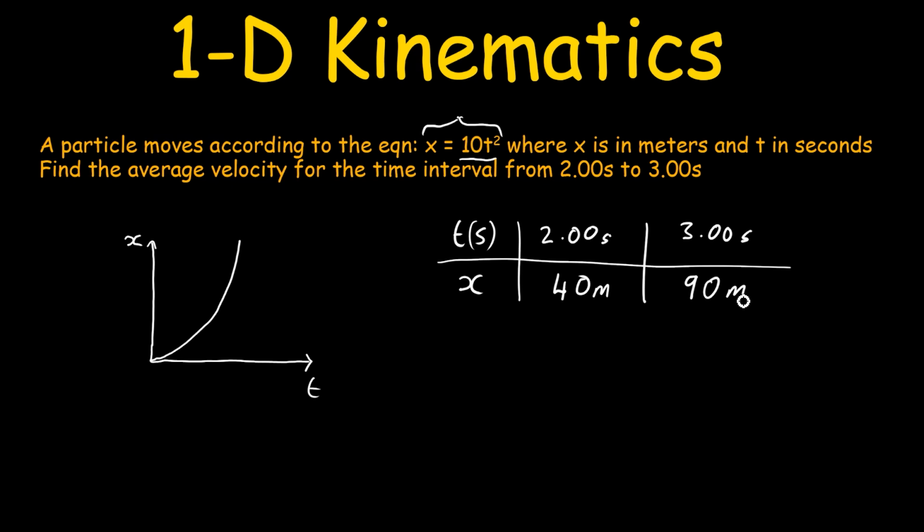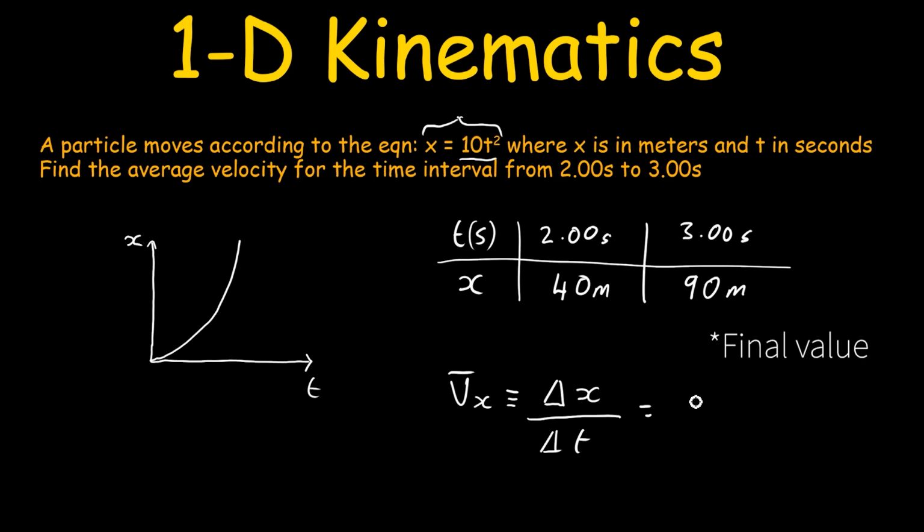So the average velocity, again, is shown by this equation, which is the displacement over the change in time. So our final value at 3 seconds is 90 meters, but our initial position is 40 meters.